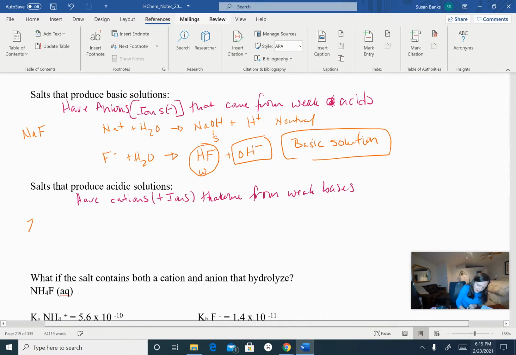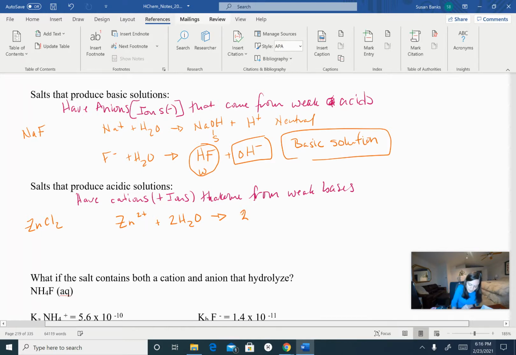So if I have zinc chloride and I want to dissolve that, let's think about zinc. Zinc is a positive 2. So I'm going to have 2 waters here. The positive 2 is going to react with the 2 hydroxides, right?